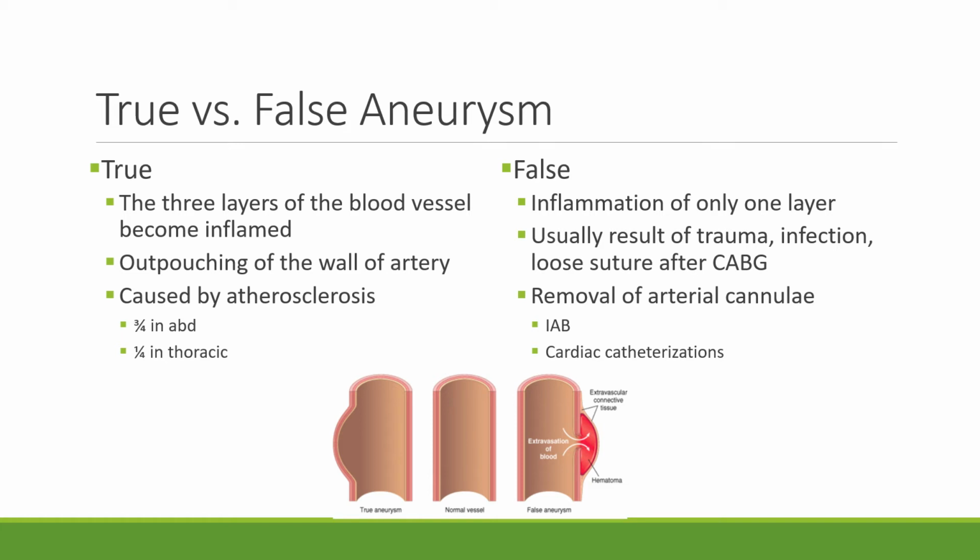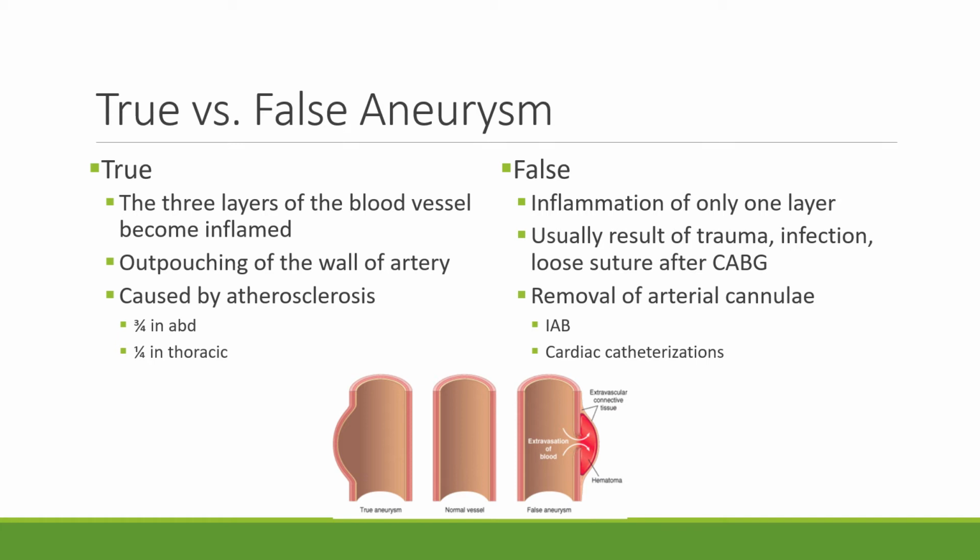Aneurysms are classified as true or false aneurysms. A true aneurysm is one in which the wall of the artery forms the aneurysm, and usually all three layers of that blood vessel become inflamed. At least one vessel layer is still intact with a true aneurysm.